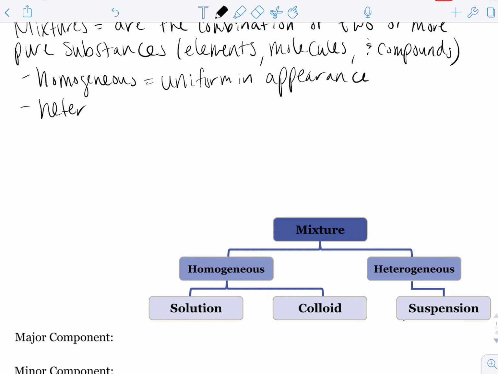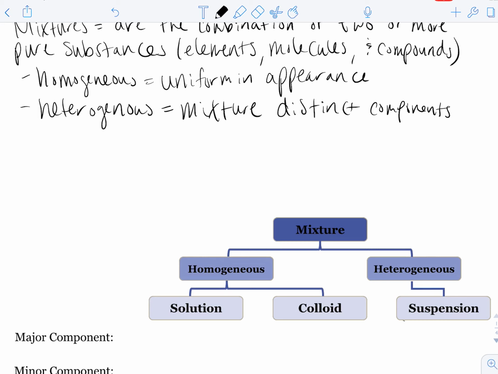On the other hand, heterogeneous, you can see the different components of the mixture. So this is where distinct components can be seen with the naked eye.